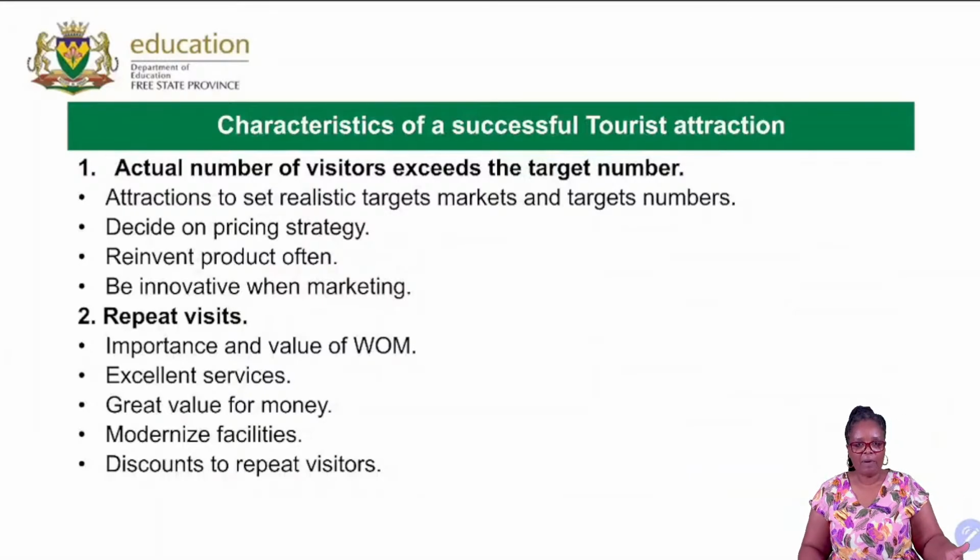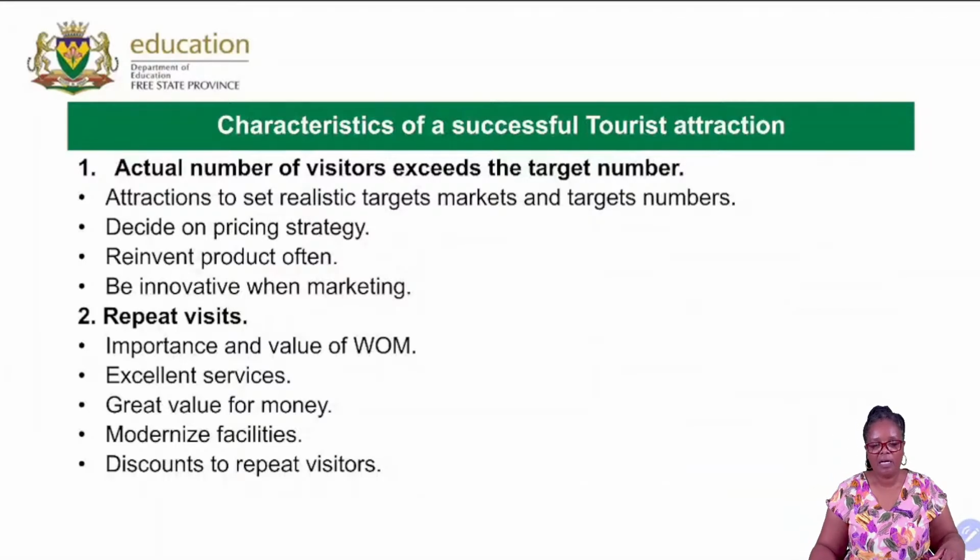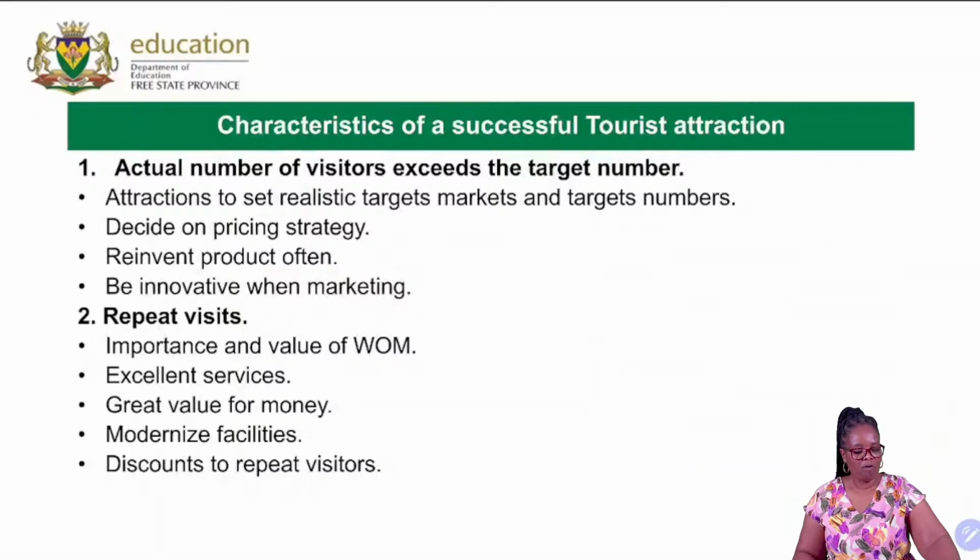They have to think about people buying their tickets online, and remember the target market. If they're targeting this group of people, are they going to be able to use online services to pay for entrance fees? Those are the things they need to look at.